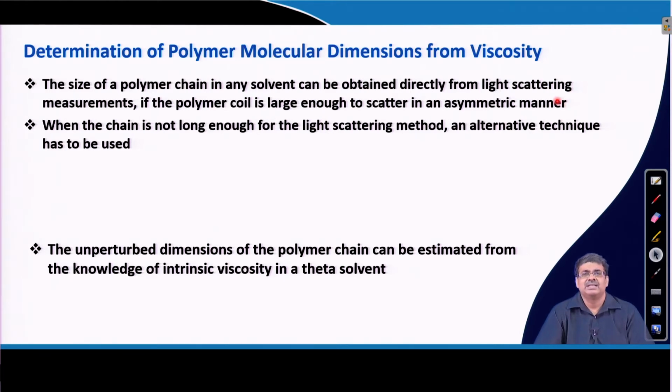If the size of the polymer chain is large enough that it scatters light in an asymmetric manner, then we can use the light scattering technique to find out directly the size of the molecule. But if the chain is not long enough, then the light scattering technique is not sufficient, and we can use viscometry to find out the size indirectly.